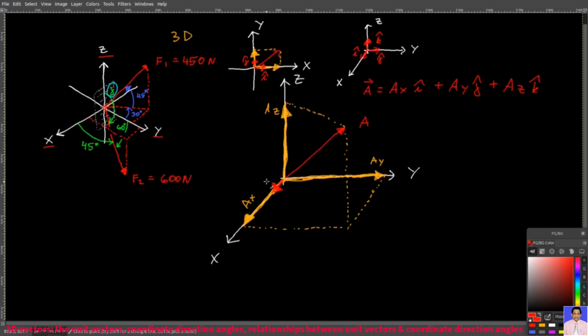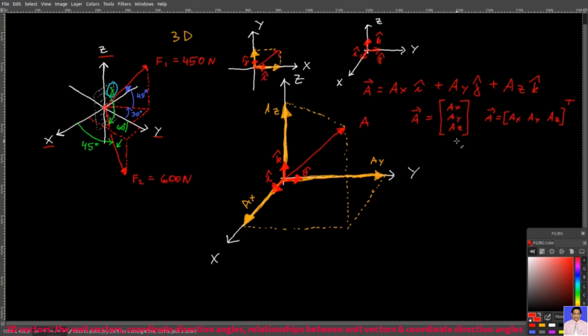So the i unit vector is in this direction, j unit vector is in this direction, and k unit vector in this direction. Alternatively, you can represent A like this. A vector equals, and then the three components are written in this form, or even like this. A vector equals, and then you have a row vector, and then you put here transposed.